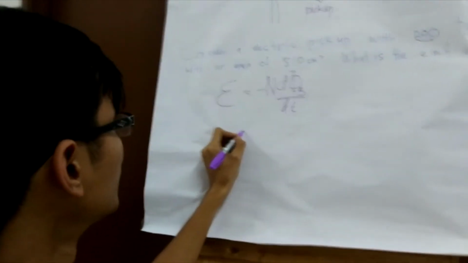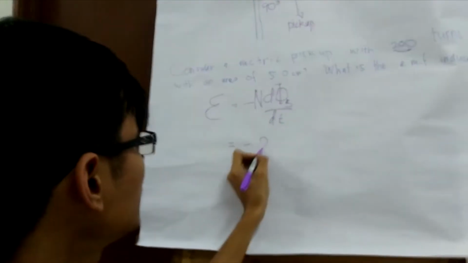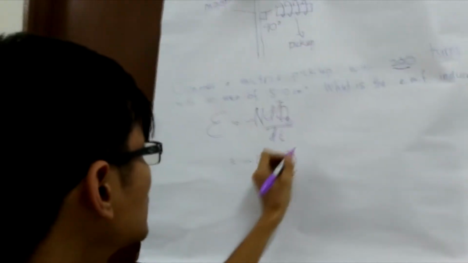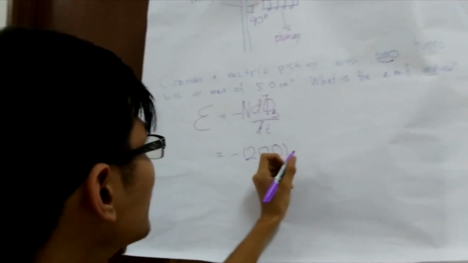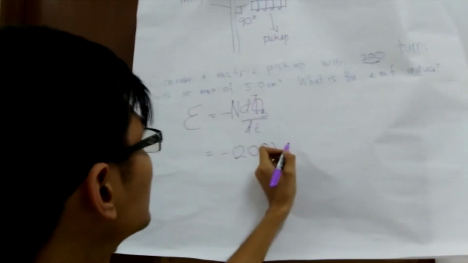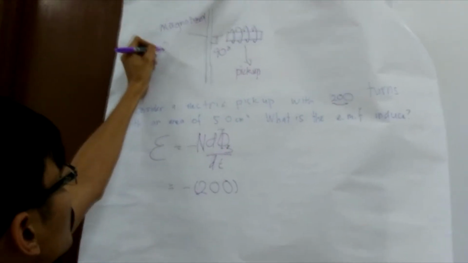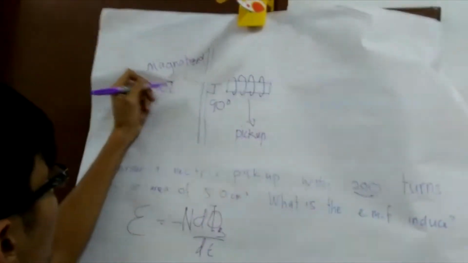You can just substitute all the values: 200 turns, where the change in magnetic flux involves the magnetic field, which is 0.02 Tesla.